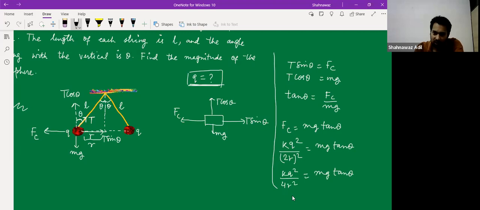So this is kq square by 4r square, and this is mg tan theta. So your q square is mg tan theta by k, and then 4r square, right? And let us look here.